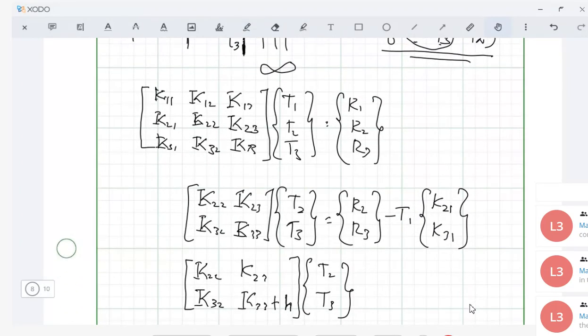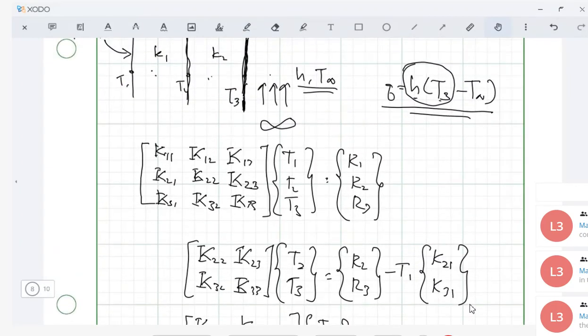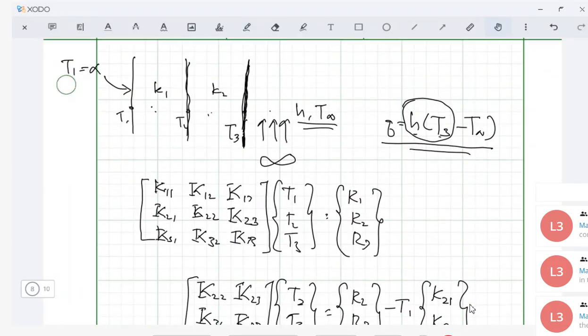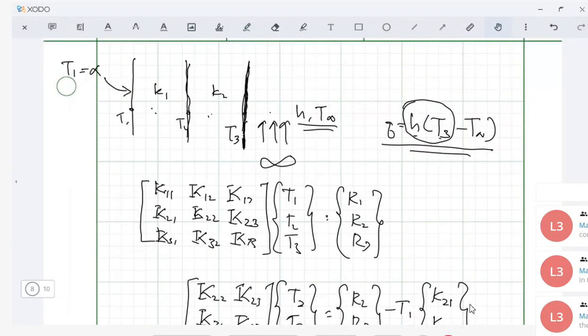And because we have put this here, we also need this T infinity on the right-hand side. Let me change color.